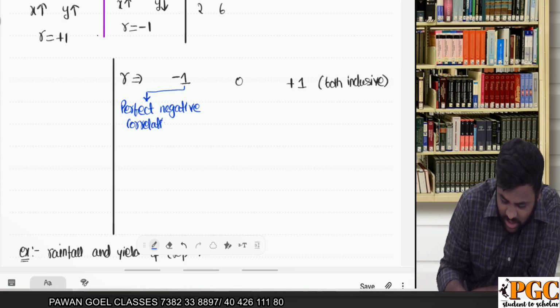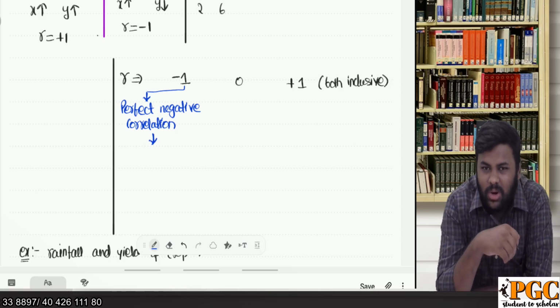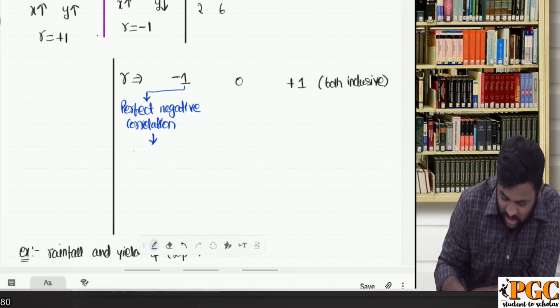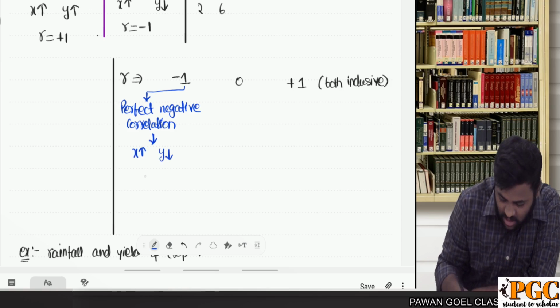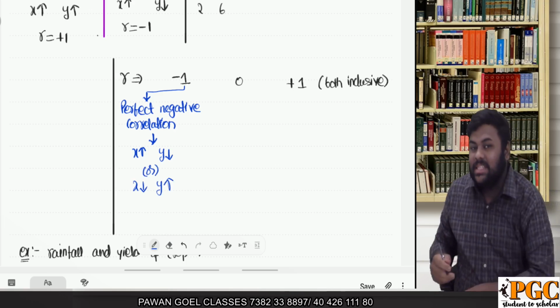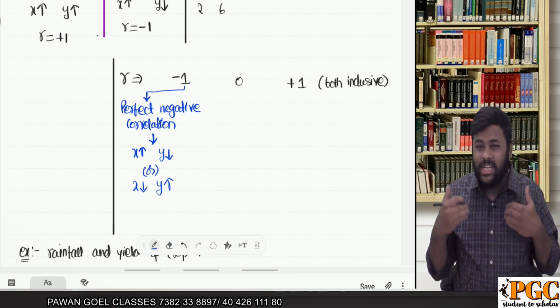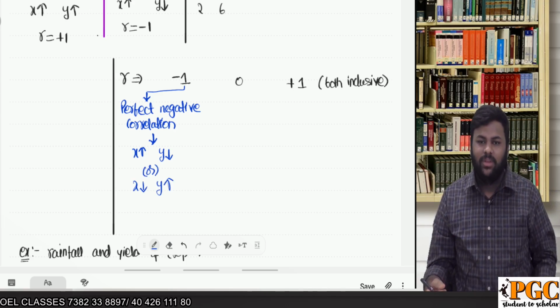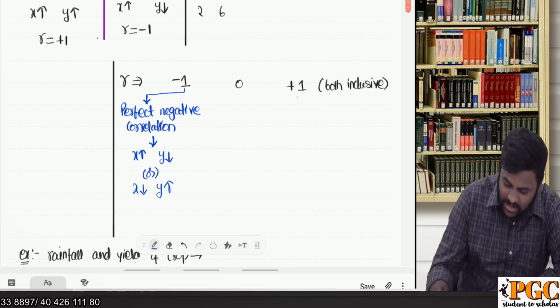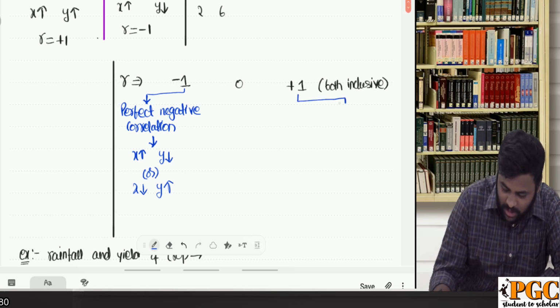What is perfect negative correlation? It means x and y move in different directions. If x increases, y decreases, or if x decreases, y increases, then in such circumstances we call it a negative correlation. Now, what is +1? +1 is nothing but perfect positive correlation.